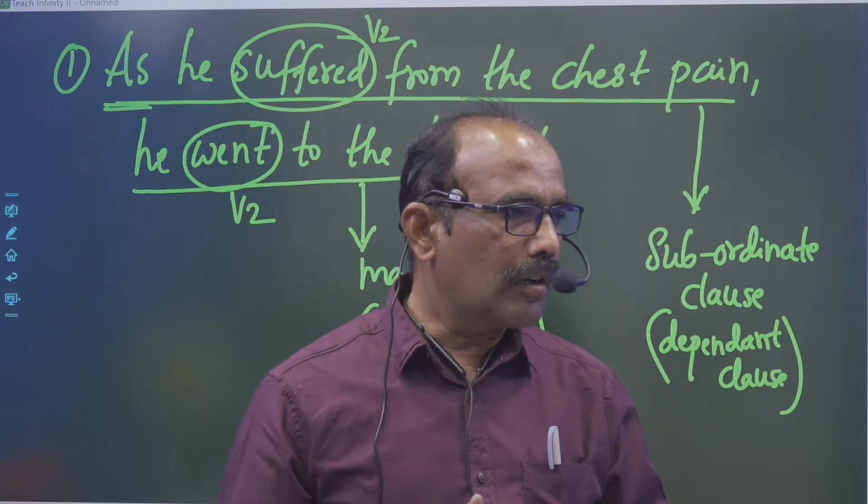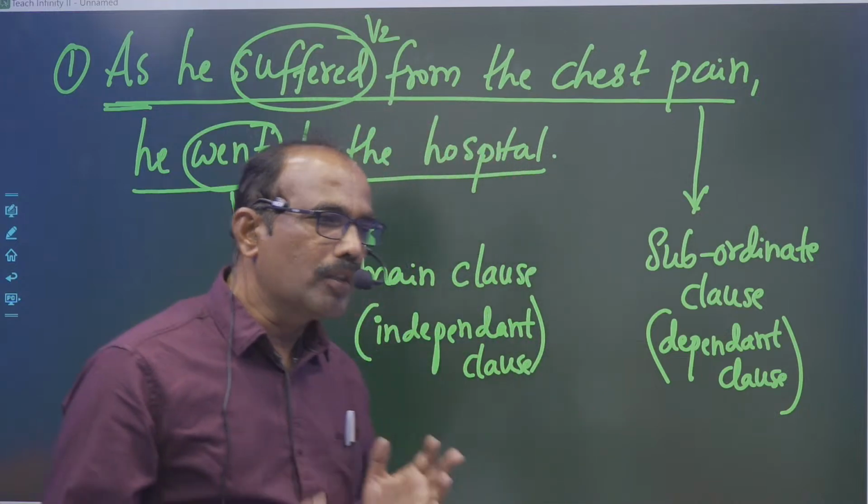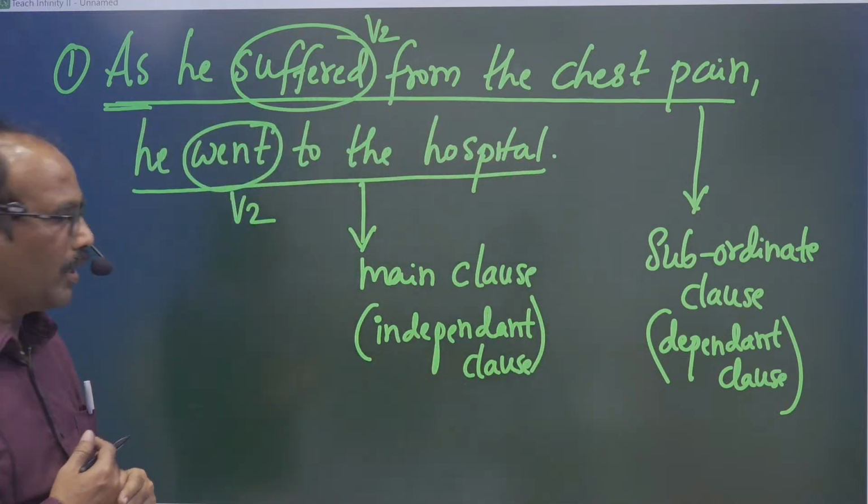The clause which cannot give the complete meaning on its own is called the subordinate clause.